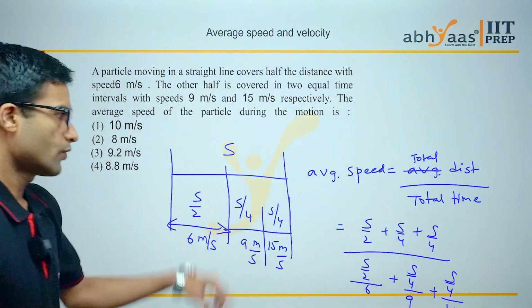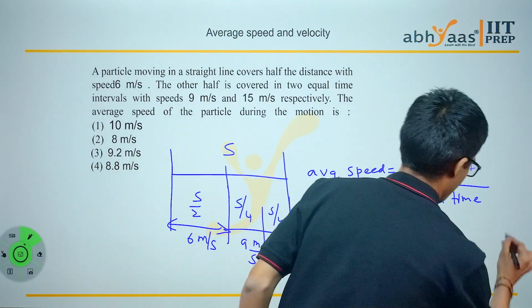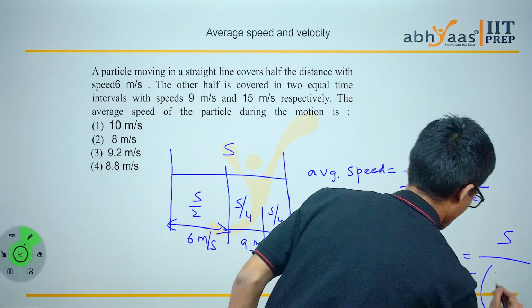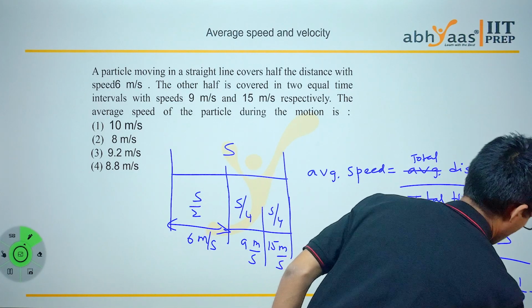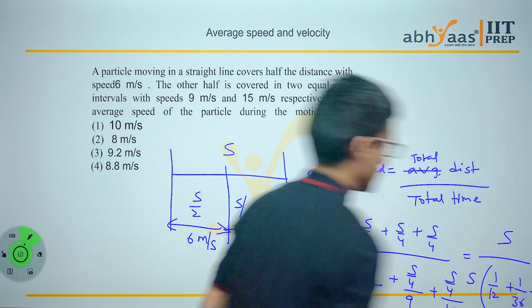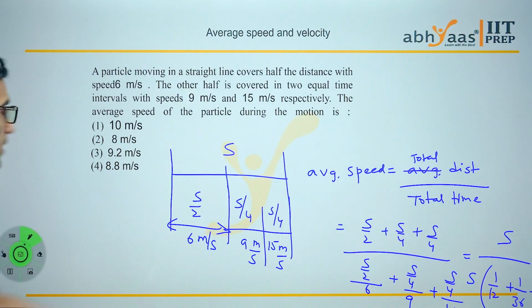Now if you see on top it is s only. S if you take common, 1 by 12 plus 1 by 36 plus 1 by 60. So this is the thing. Now if you calculate here, it cancelled.